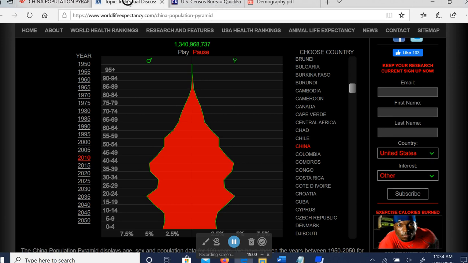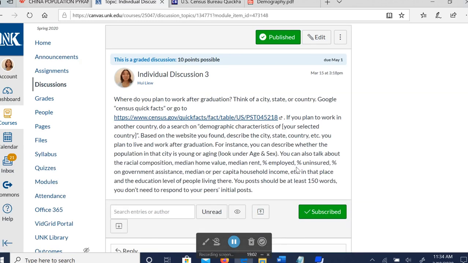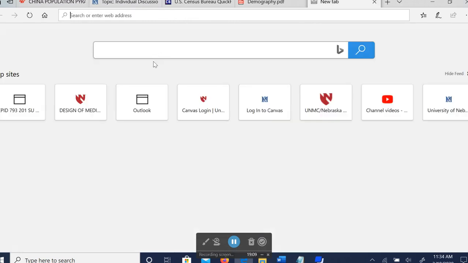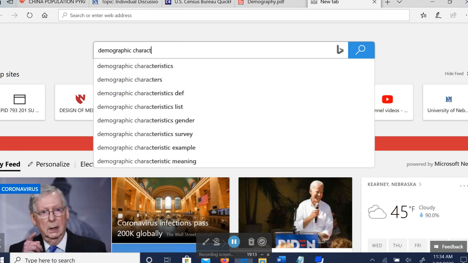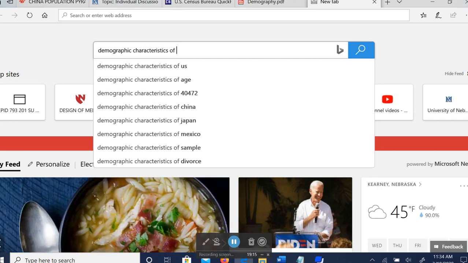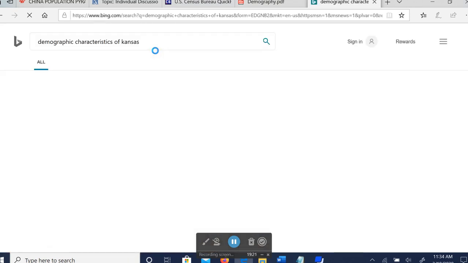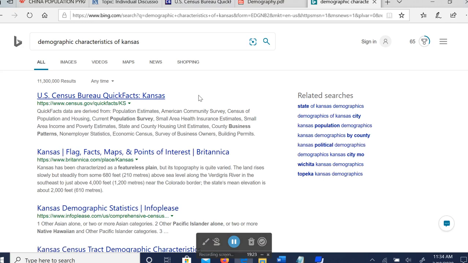And in your assignment, you have to go to this website or just Google, see what you find. Let's say you want to work in Kansas. It still brings you to this census website.